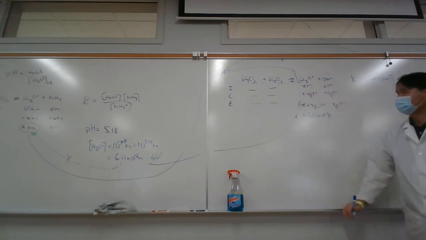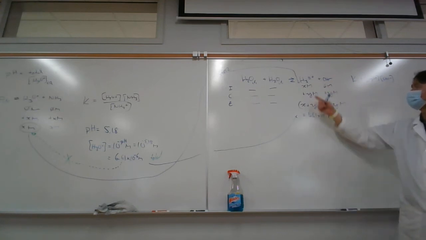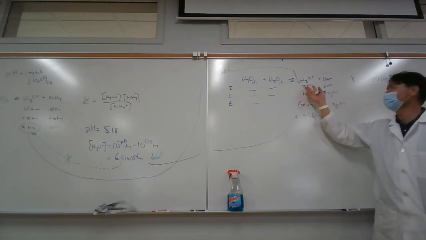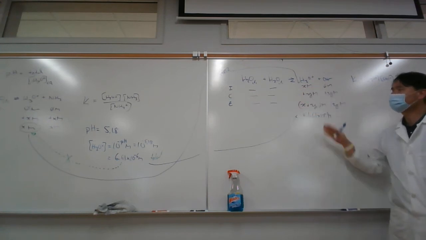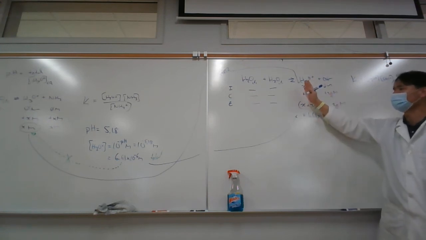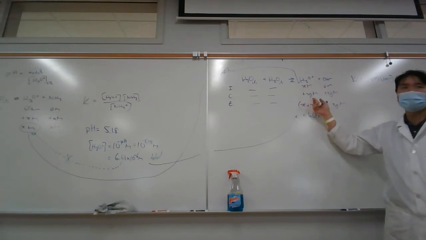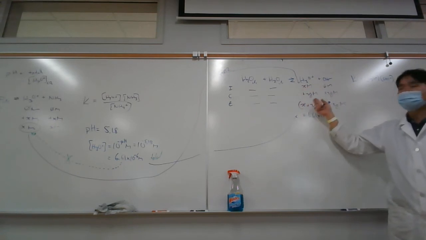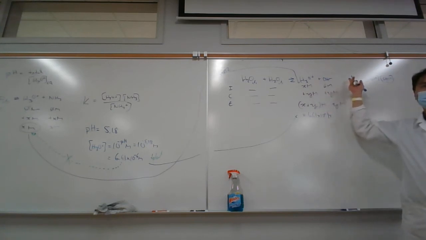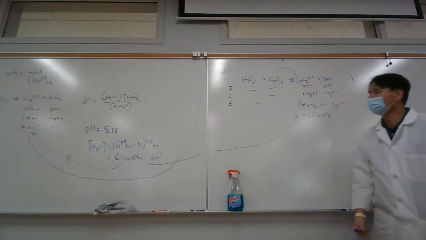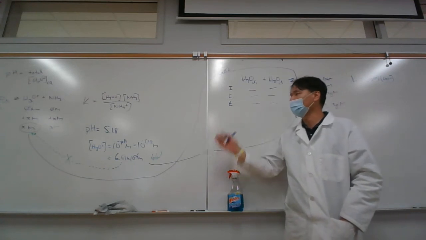Well, in this case, it's a little bit different because I'm not starting off at equilibrium. I'm just going to have the hydronium in there, and this is going to be Le Chatelier's inhibition, the forward reaction. If I already have a bunch of hydronium in here, I don't need a whole lot more to satisfy the equilibrium condition. And so what this is called is, it's the common ion effect.